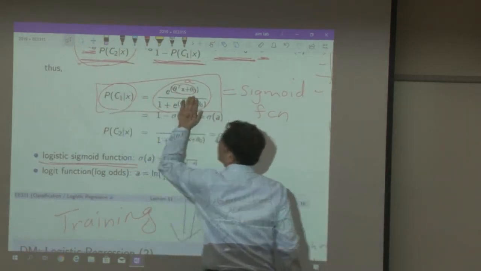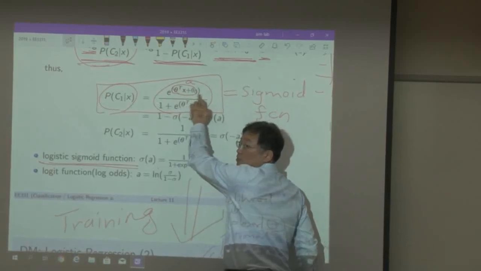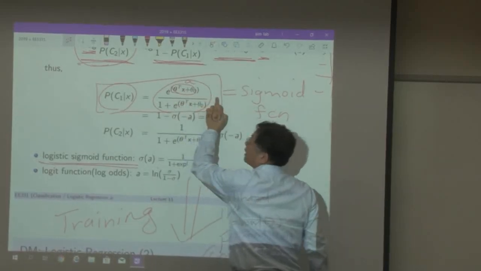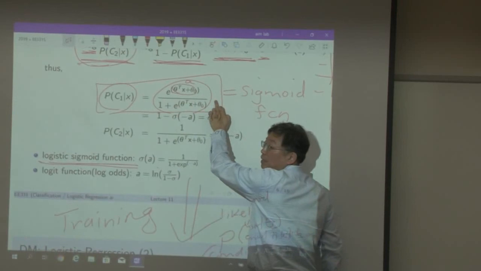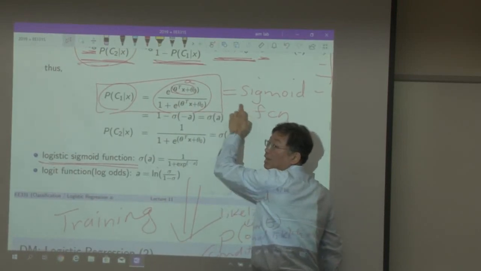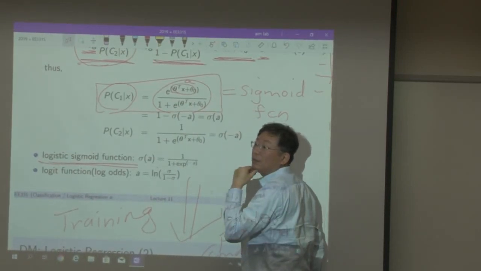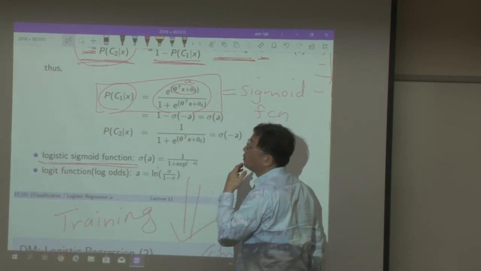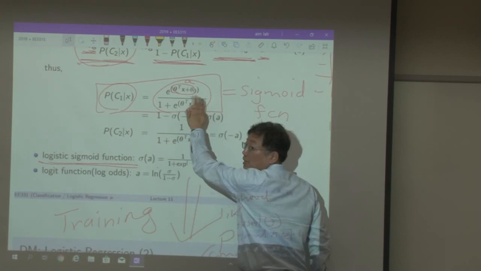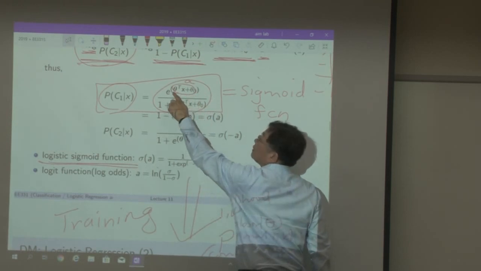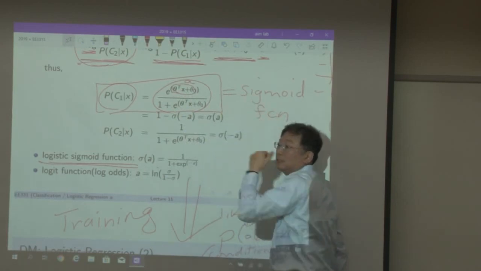Class 1 would have this parameter. Class 2 would have its own parameter. Class 3 would have its own parameter. There would be different thetas for each class. For the same x, yes, but different parameters for each of the classes.